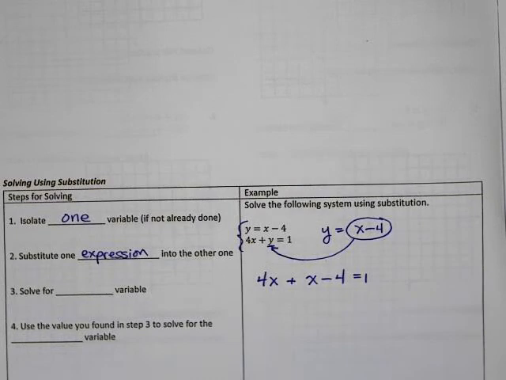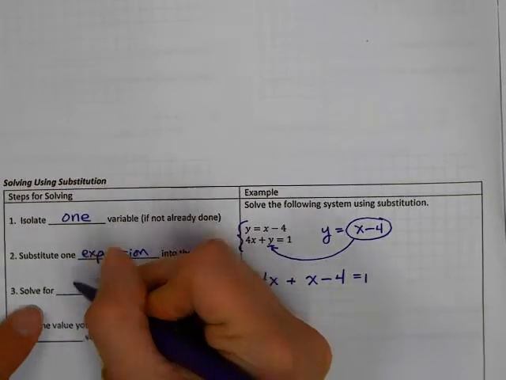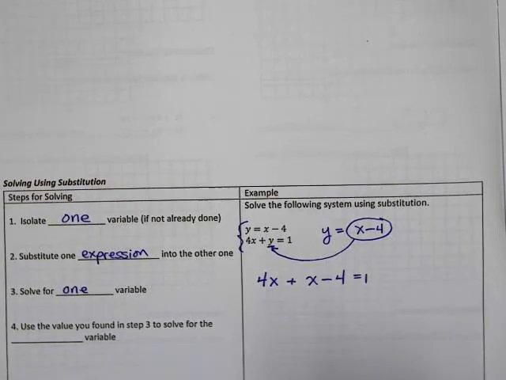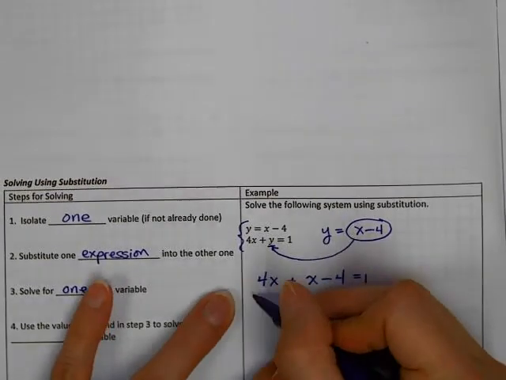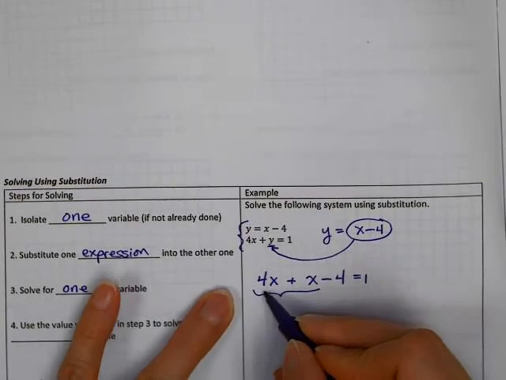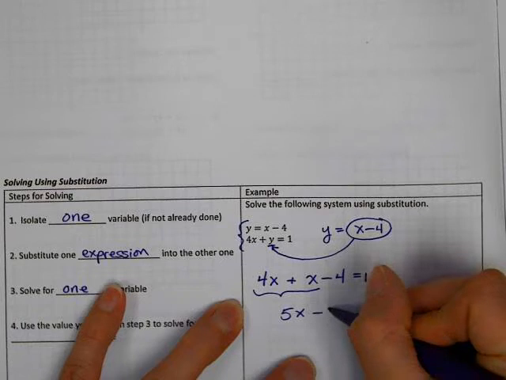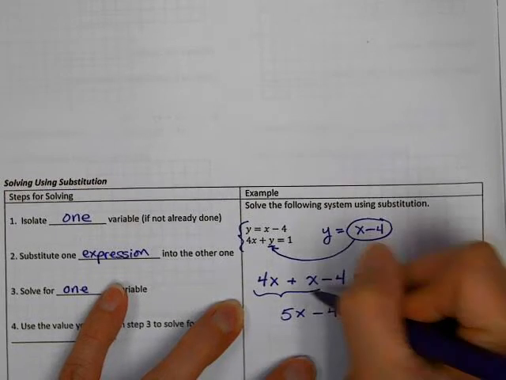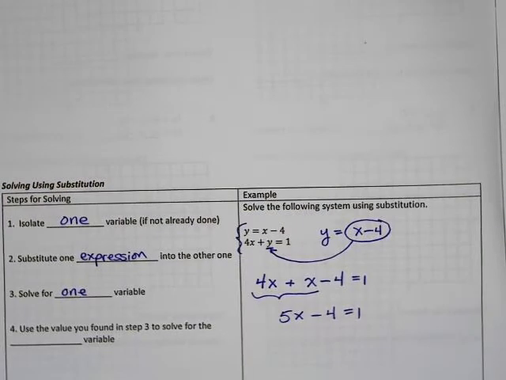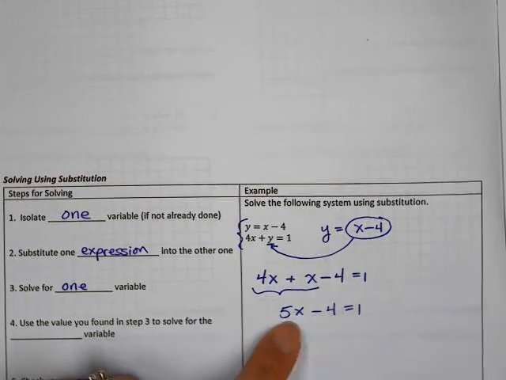Now step 3 is to solve for one variable. Since we only have x's, we can go ahead and solve this. Let's put our like terms together. 4x's plus another x is 5x minus 4 equals 1. Don't forget to write the entire equation. We're trying to isolate or solve for the x.